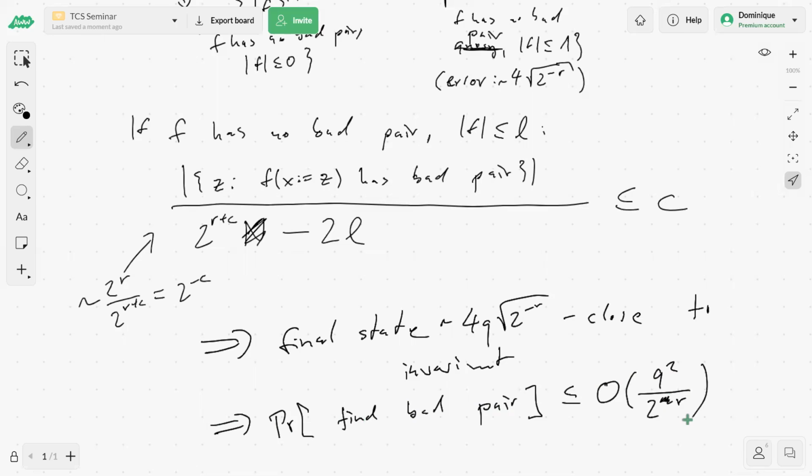This was an analysis of the two-sided search problem.